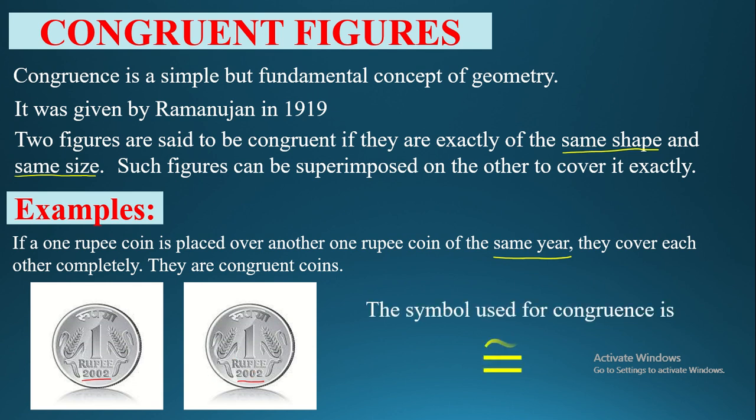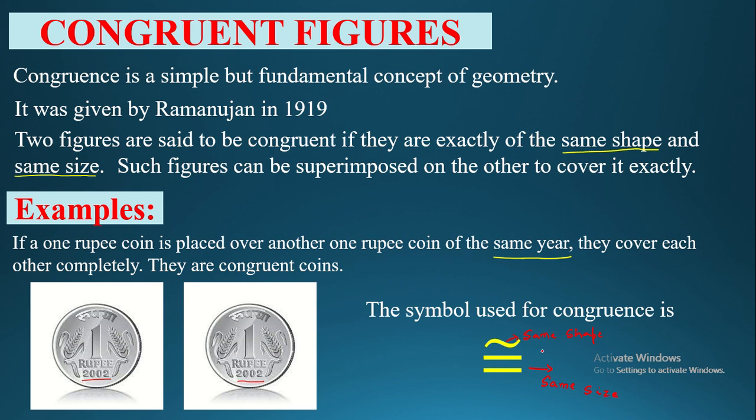And this congruency is represented by a symbol. First, this equal to sign, which means same size, and then a wavy line over it, which means same shape. The combination of these two symbols together makes it same shape and same size.